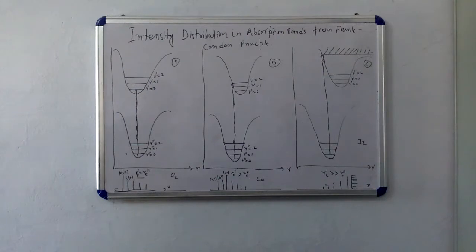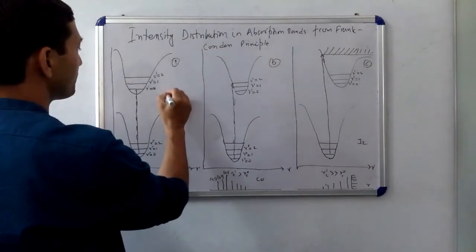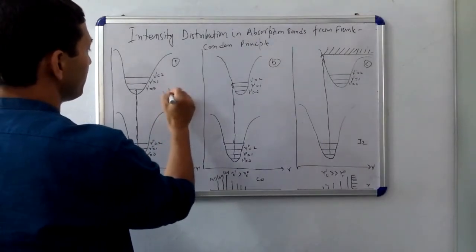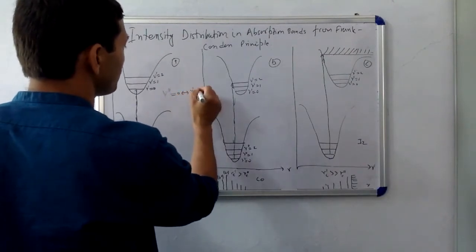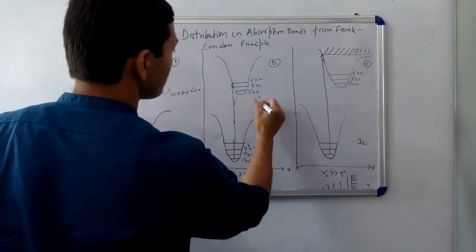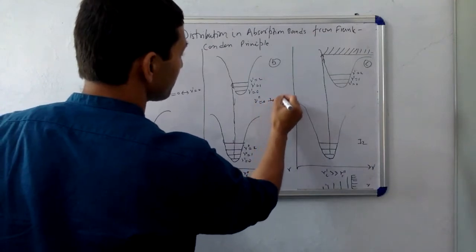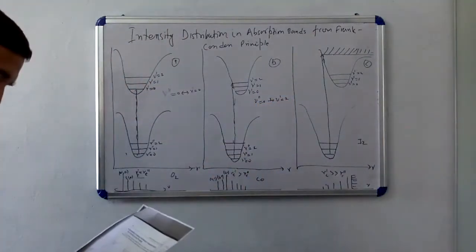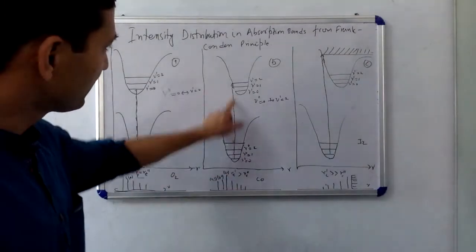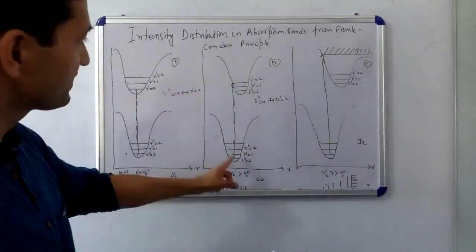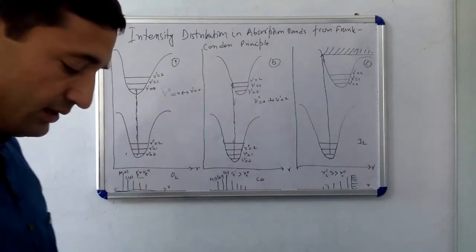In figure B, the most favored transition is ν″ = 0 to ν′ = 2, which connects the configuration of maximum probability and also satisfies the Franck-Condon principle, that is, the vertical line matches with this vibrational level.